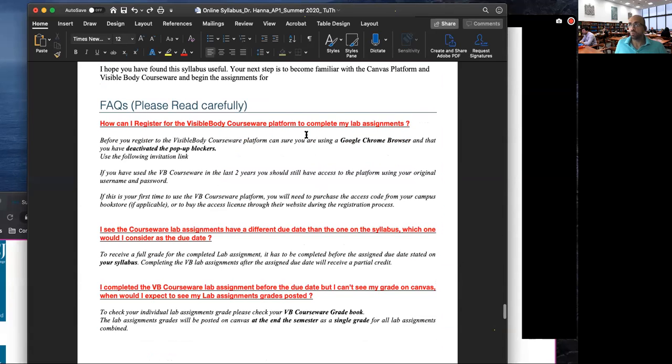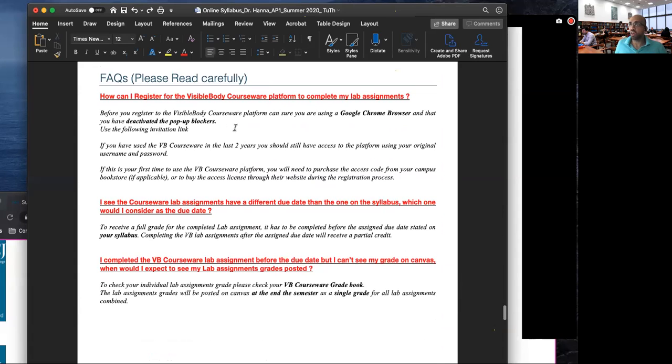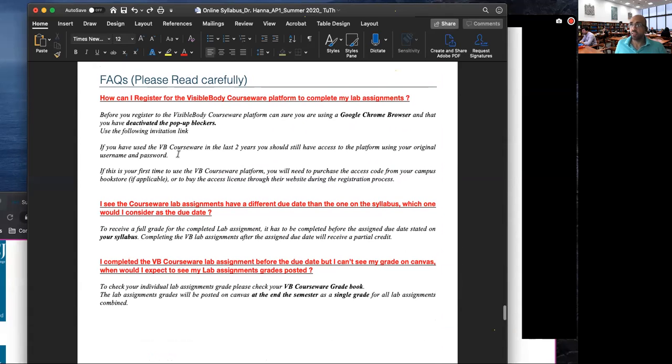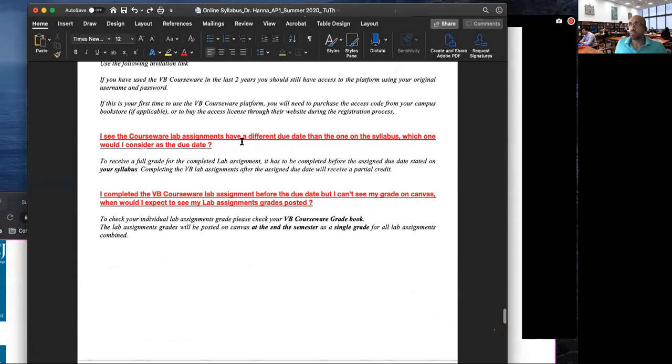All right, so we've discussed how to register for the Visible Body platform. I highly recommend you use Google Chrome as your browser. We discussed the lab assignments. They have a different due date than the one on the syllabus.